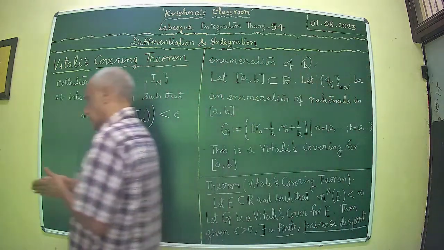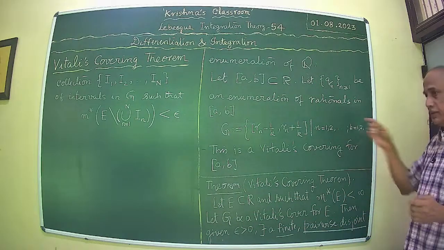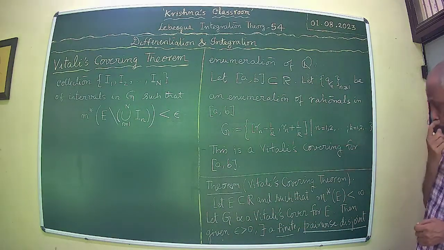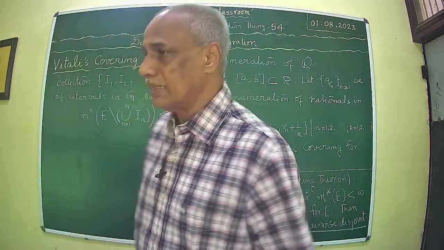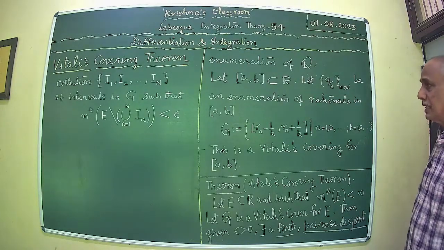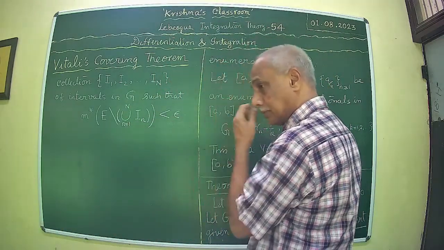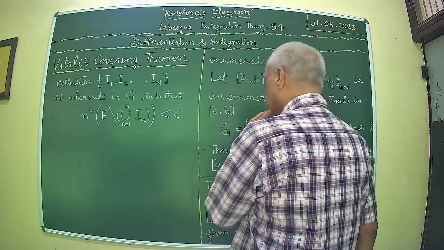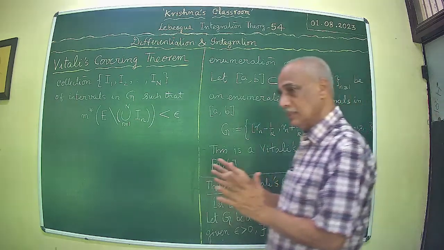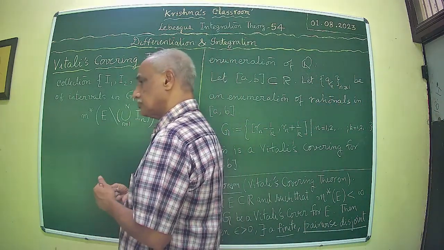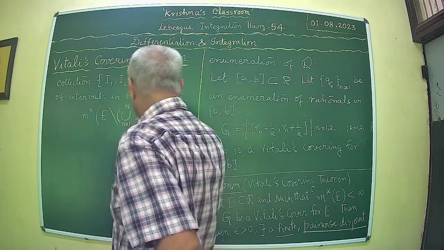So surrounding every rational point there is a bounded closed interval of this type, and by choosing k you can make it as small as you want. By virtue of the density theorem, this whole collection gives you a Vitali cover. And therefore what the theorem says is that you can select finitely many such intervals such that the complement of this finite collection in E has outer measure less than epsilon.